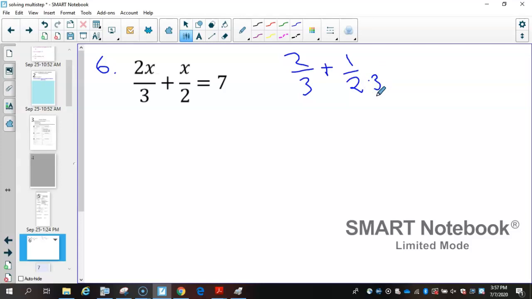Remember our property of equality rules, what you do to one side you have to do to the other? Kind of the same thing for fractions, except what you do to the denominator or the numerator you have to do to the other. So these both have to be multiplied by 3. Here I have to multiply this by 2. That means this also needs to be multiplied by 2.